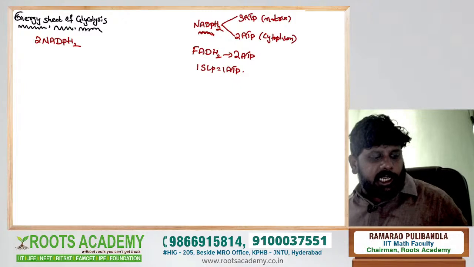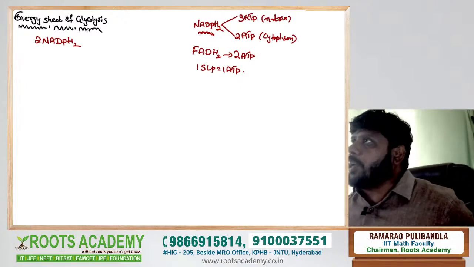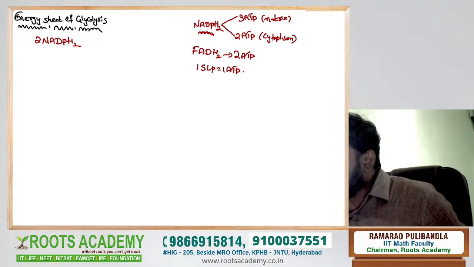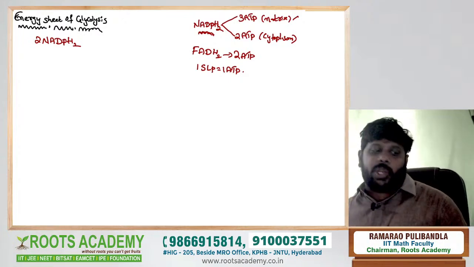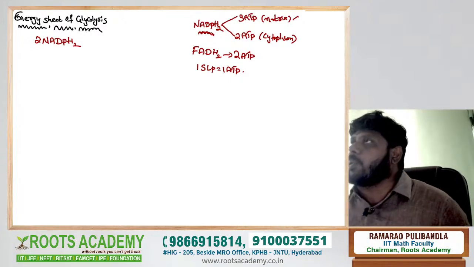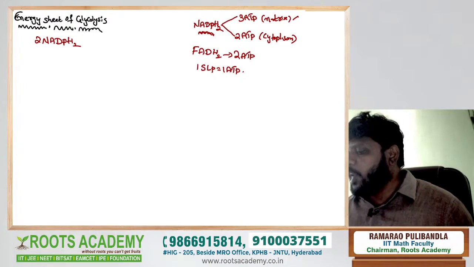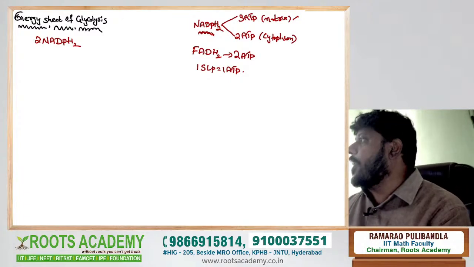So 1 NADH2 produces 3 ATP when synthesized in the matrix, 2 ATP when synthesized in the cytoplasm. 1 FADH2 always produces 2 ATP, and 1 substrate level phosphorylation is equal to 1 ATP.